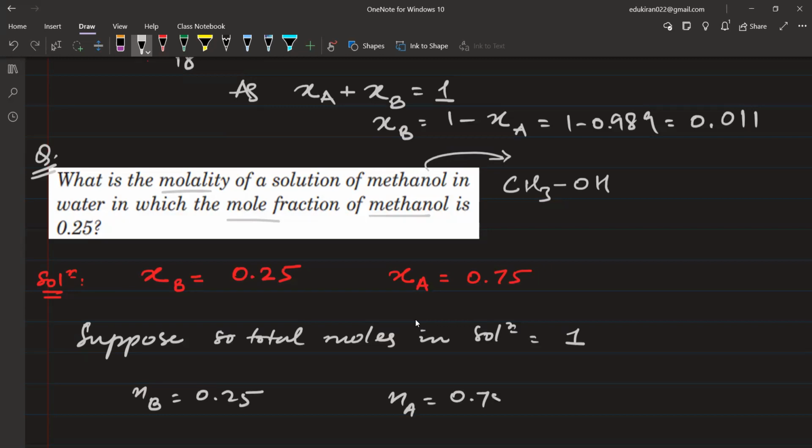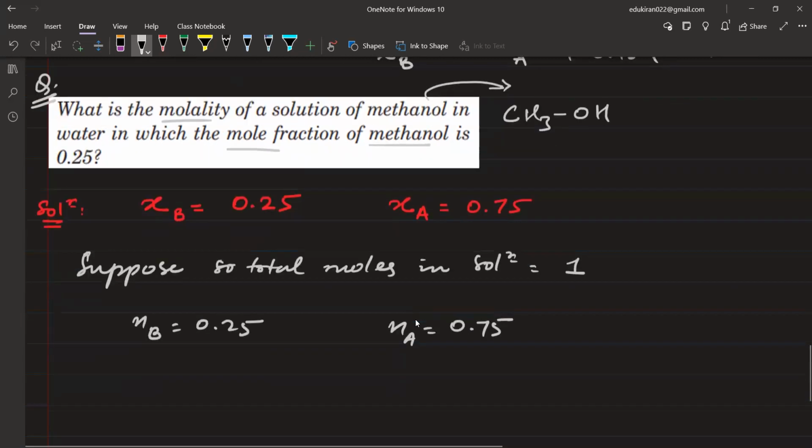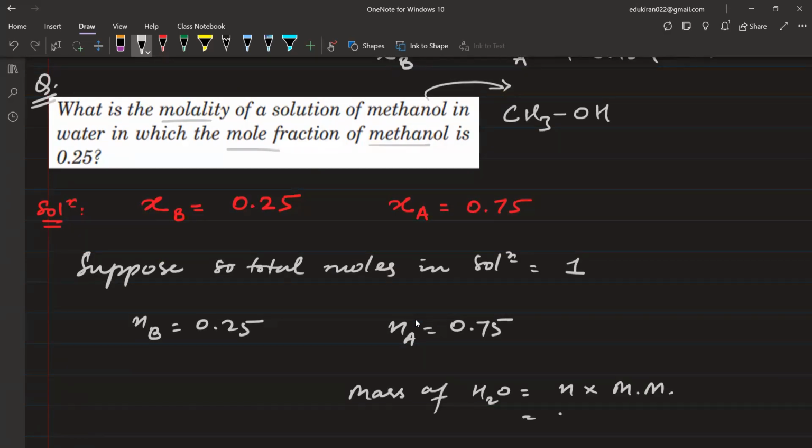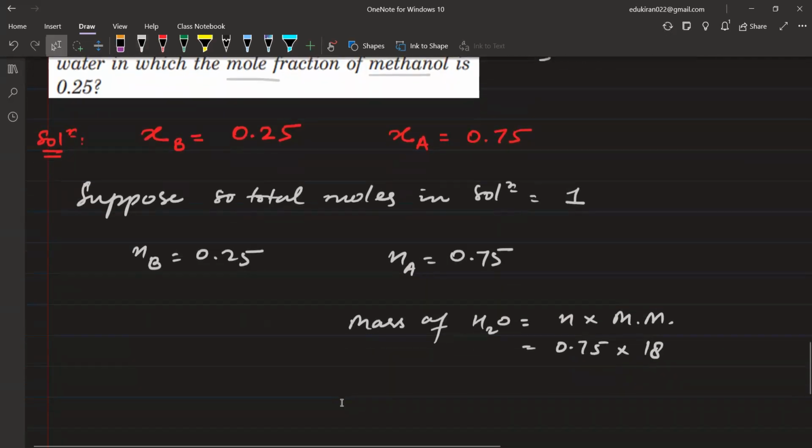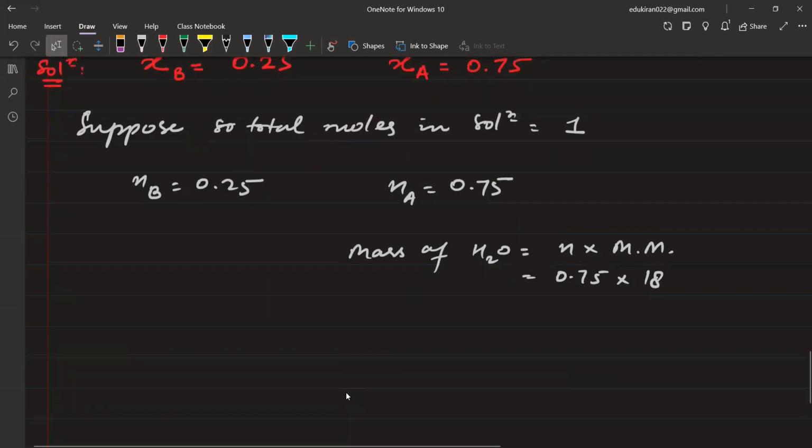Now what you have to do is convert this into mass of water. The mass of water will be equal to the number of moles of water multiplied by the molar mass. This is equal to 0.75 into molar mass, which is 18. Correct? Now what you need to do? Molality will be equal to number of moles of the solute divided by the mass of solvent.